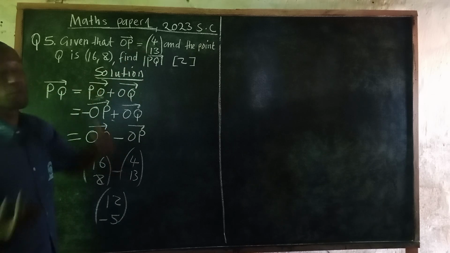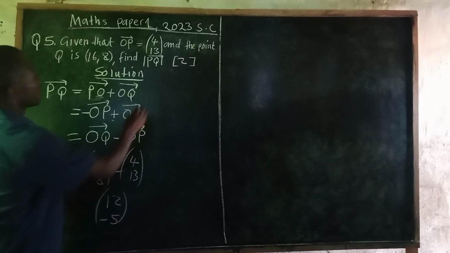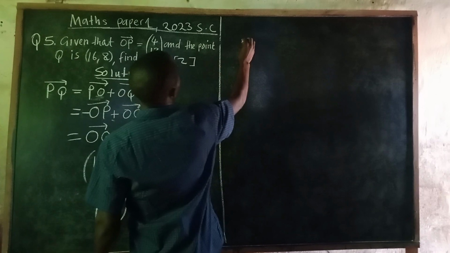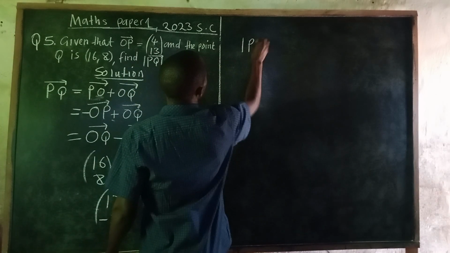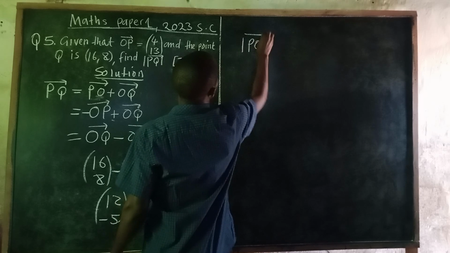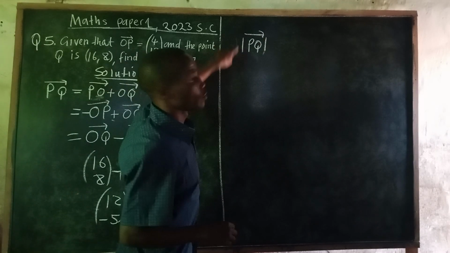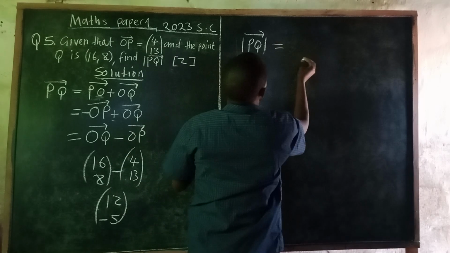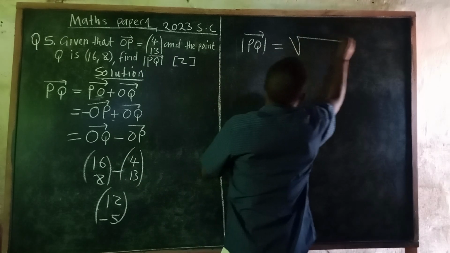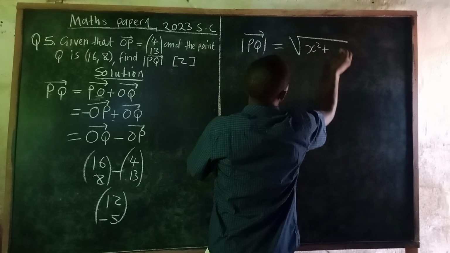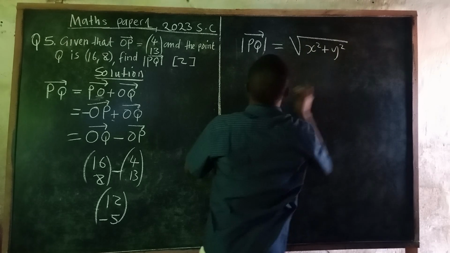Then you come to the last part of this question. You are going to say the magnitude of PQ, remember this is the sign of magnitude, equals the square root of x squared plus y squared.